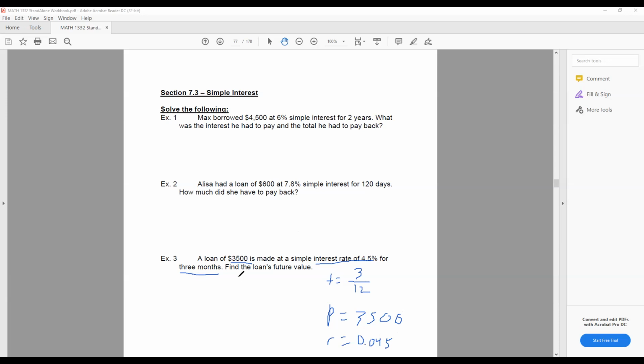So that's all you got to do. They say future value. Well, they want the A in the formulas I gave you. So plug all this in there, and then you'll get it. So it's very formulaic. We're just plugging in the variables. That's it.